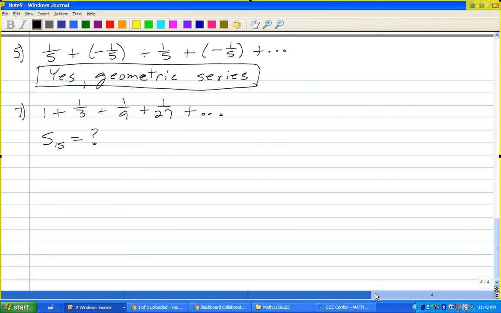Okay, so I know the formula for the sum is given by the above formula. And so let's figure out what the sum is. I want to find the sum of the first 15 terms. The very first term is 1. The common ratio, I keep multiplying by 1/3.